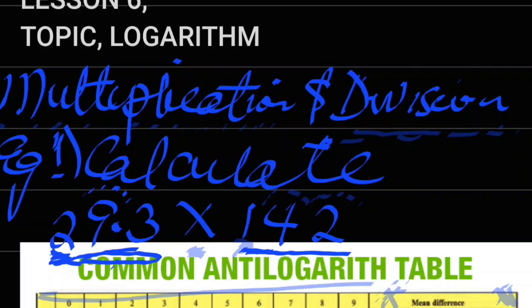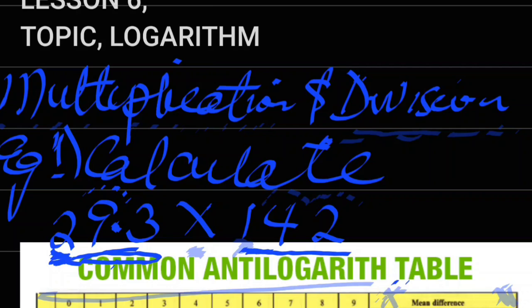Though the decimal is not there, I've said that you should be very conversant of this: if a decimal is not written, consider the decimal to be at the extreme end, that is after these two. If it is not written, know that the decimal is at the extreme end.